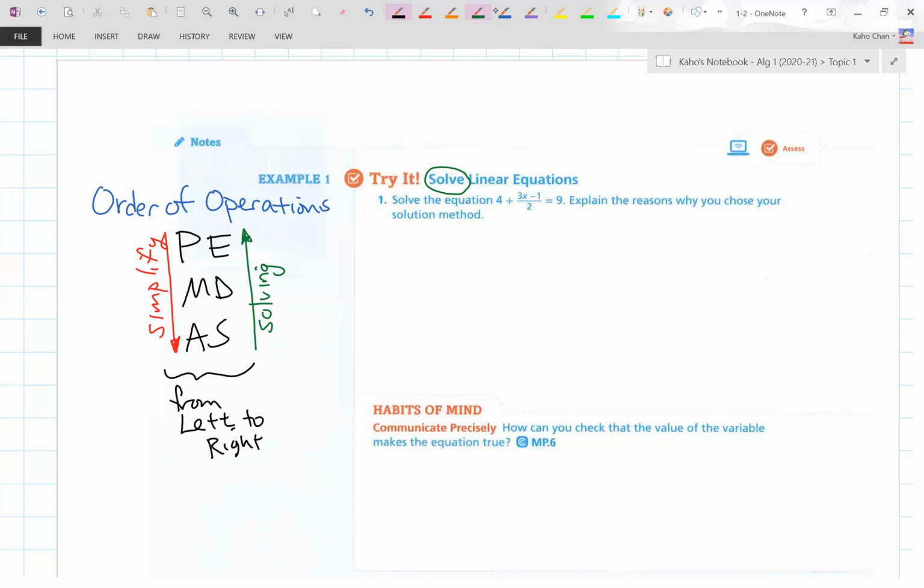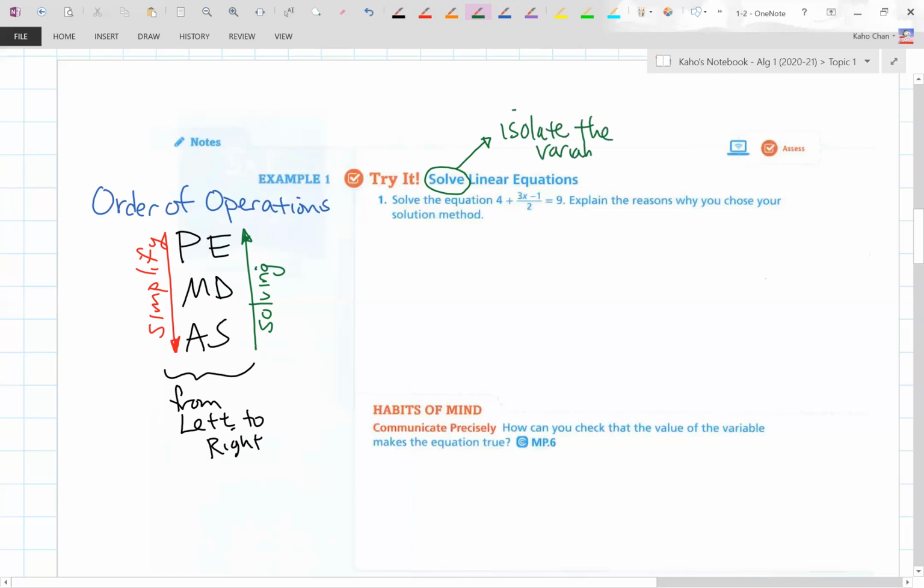Solving is where you want to isolate the variable. In this case, our variable is the letter x. The letter x is buried up inside a fraction bar. Let me write the problem a little bigger so we can see it a little clearer.